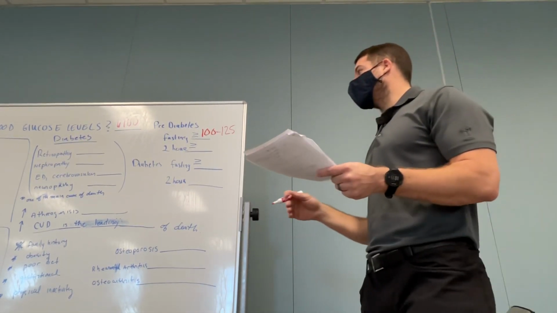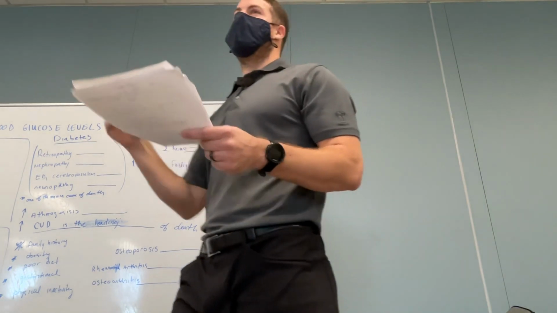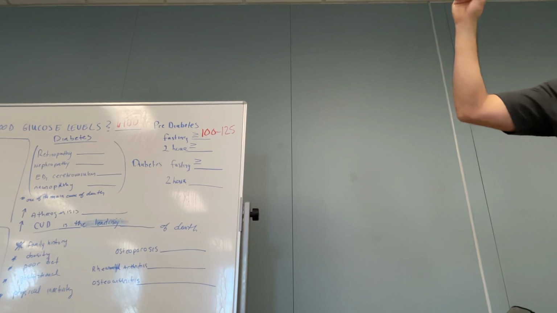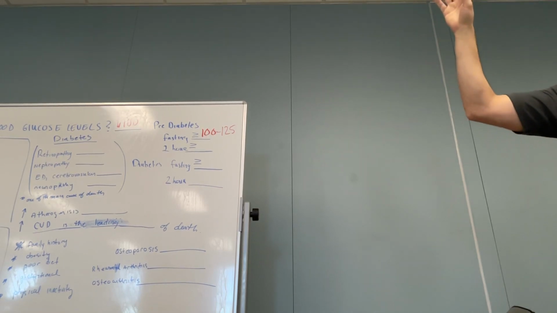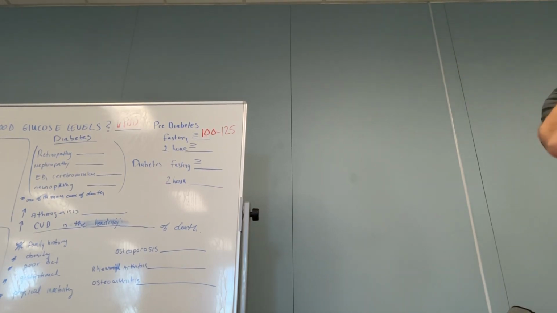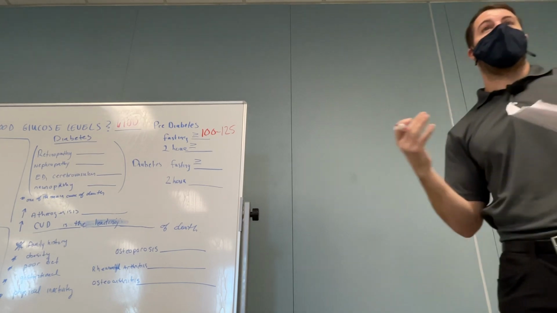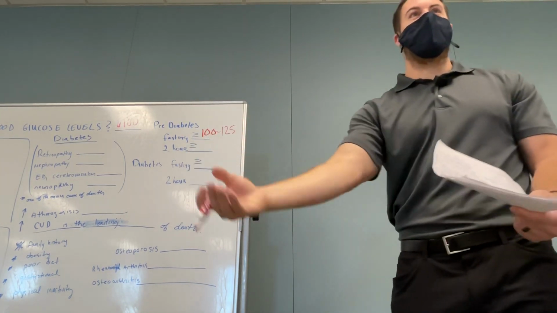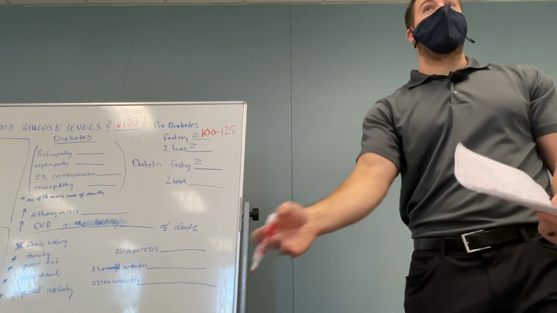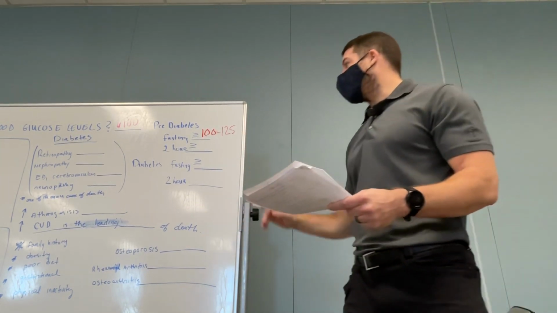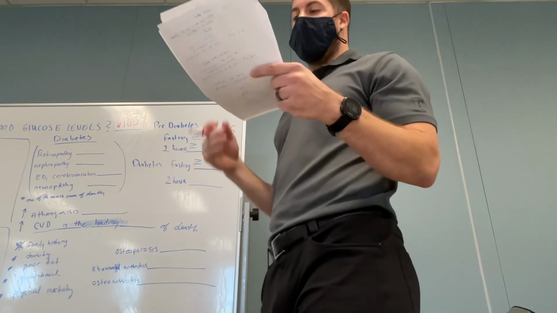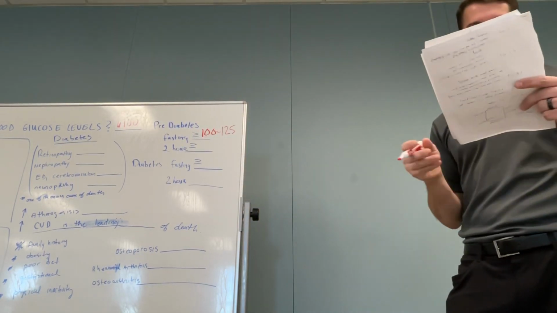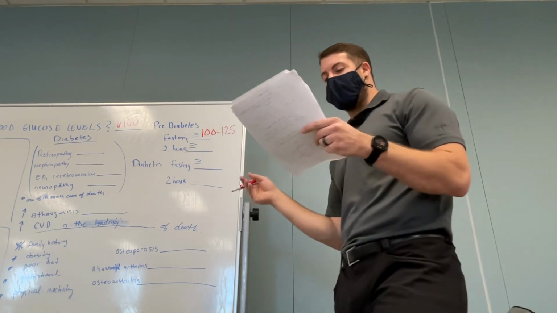Now, who's ever had a glucose plasma drink and then tested blood glucose a couple hours later? That's another way to find out how your body metabolizes sugar. You give someone a lot of sugar, you check their blood sugar levels 2 hours later. What do you think it should be for pre-diabetes? What do you think the range would be?